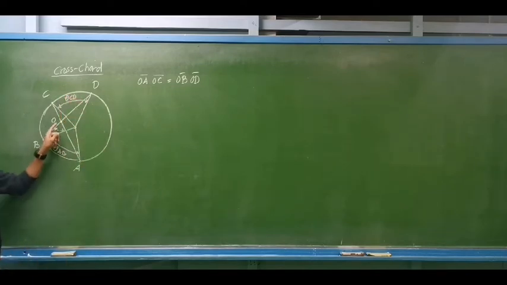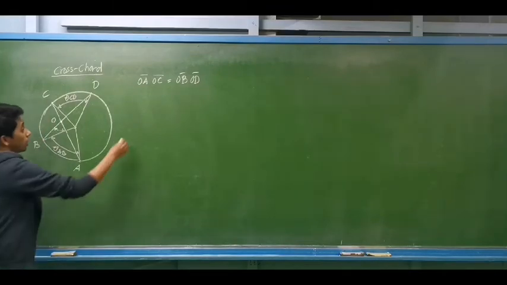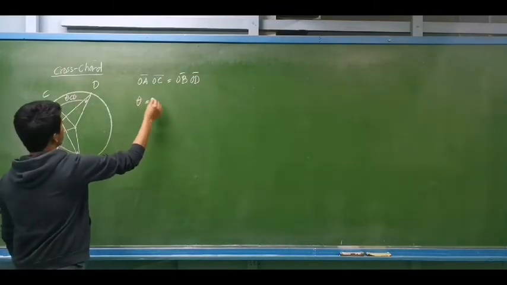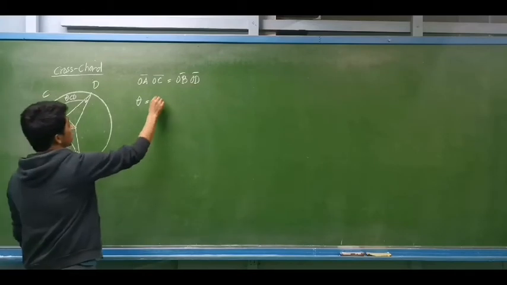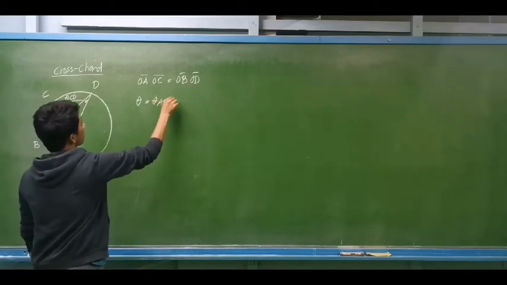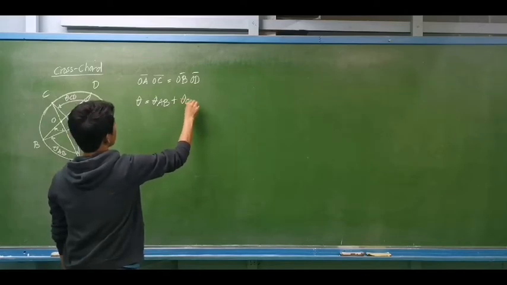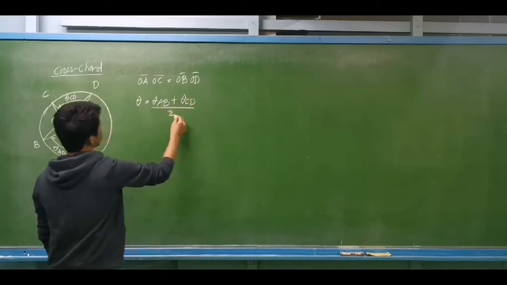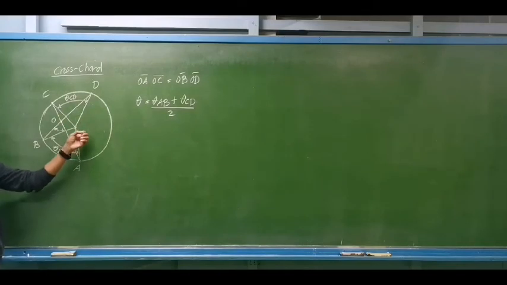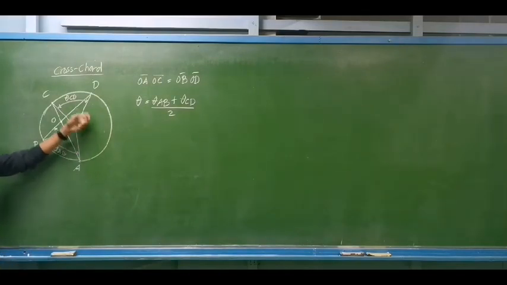Paano natin kukunin yung angle of intersection ng dalawang chord? Yung angle of intersection ay theta AB plus theta CD divided by 2. So, ito yung common values na hinahanap when it comes to cross-chord theorem.